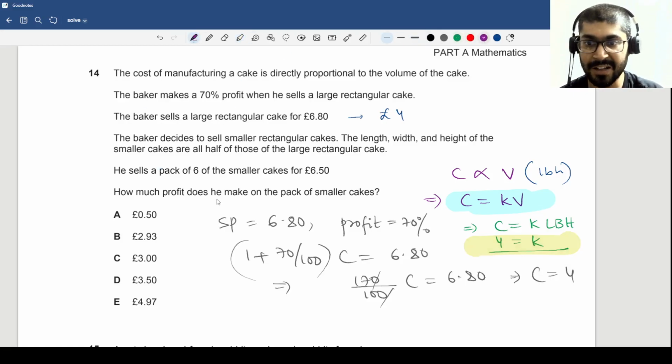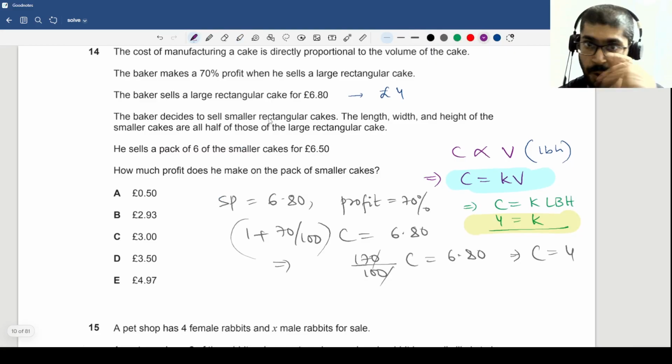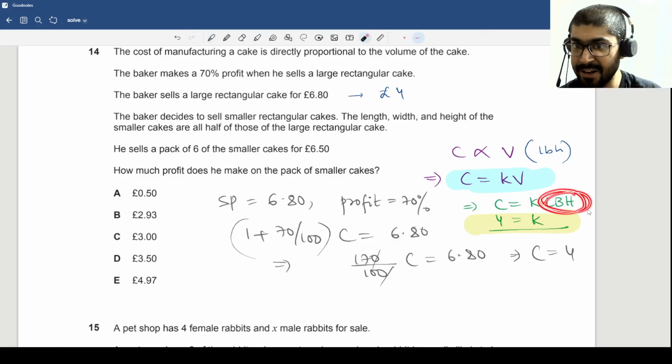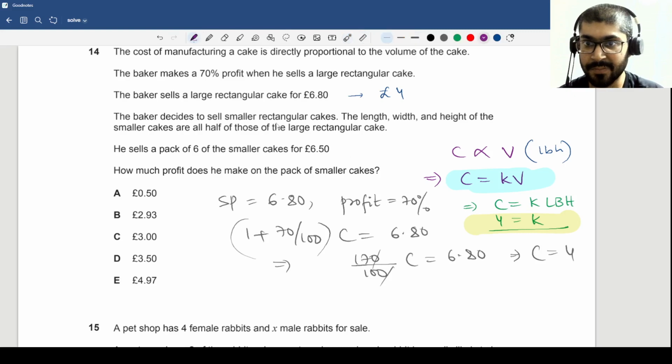So what does the next part of the problem say? The baker decides to use smaller rectangular cakes. The length, width and height of the smaller cakes are half those of the large rectangular cake. So this is why we took LBH, right? We don't know the new cost.